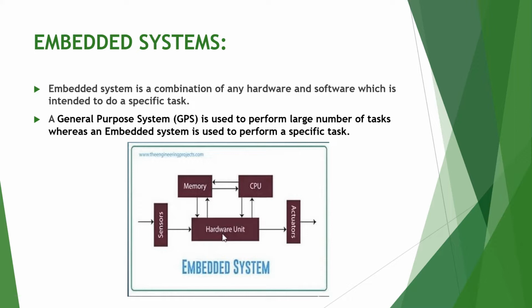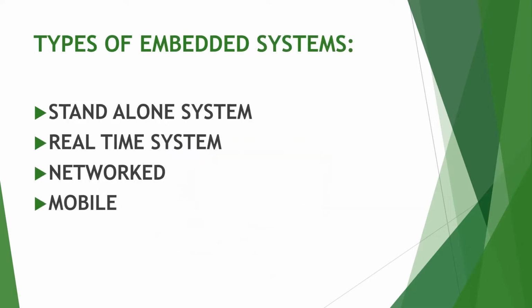We have made a project that does a particular task, so it comes under an embedded system. Basically, an embedded system is a combination of hardware and software intended to do a specific task. Then we are going to see the types of embedded system. We basically have 4 types: stand-alone system, real-time system, networked system and mobile system.